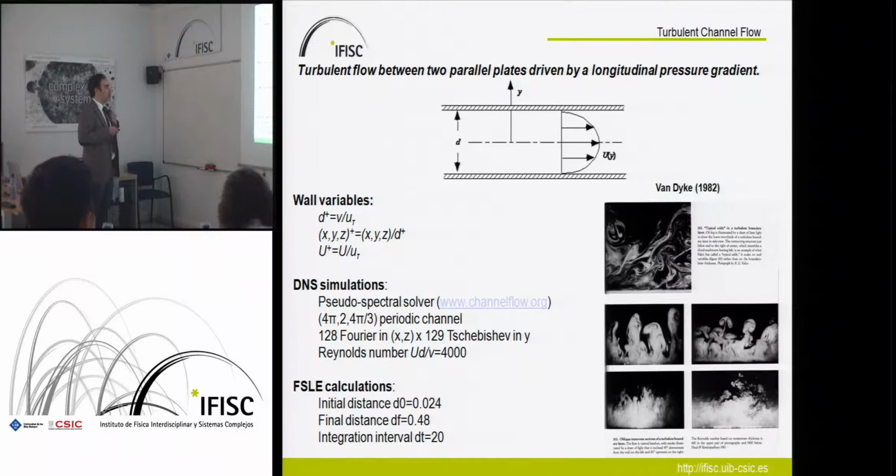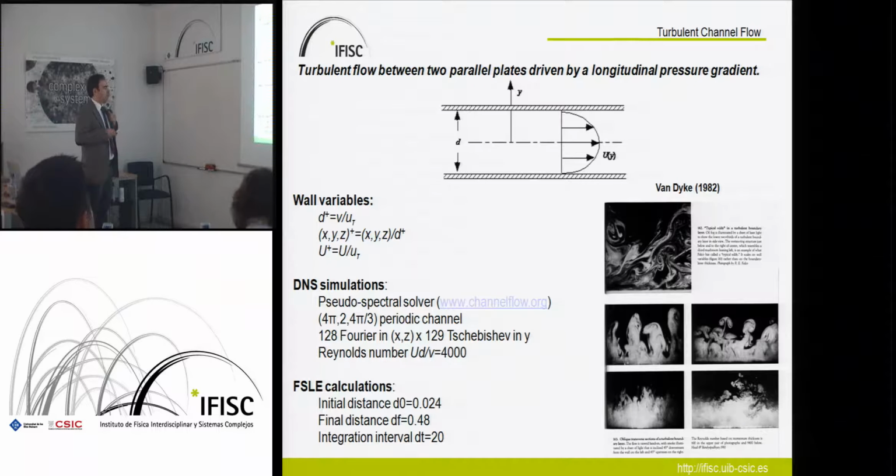We have performed direct numerical simulations with a pseudospectral solver that is available at this address. This was a periodic channel except in the wall normal direction, and the variables were discretized in Fourier and Chebyshev modes. And we used a Reynolds number based on the centerline velocity of about 4,000.